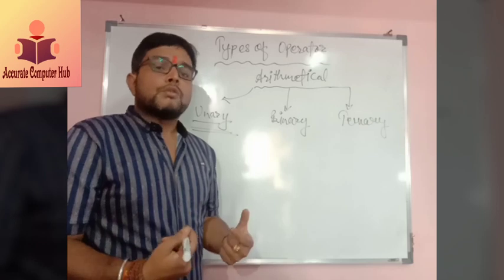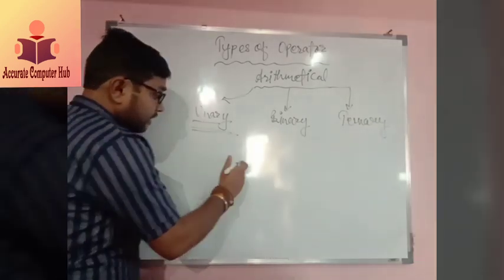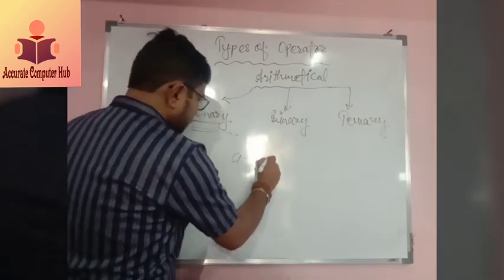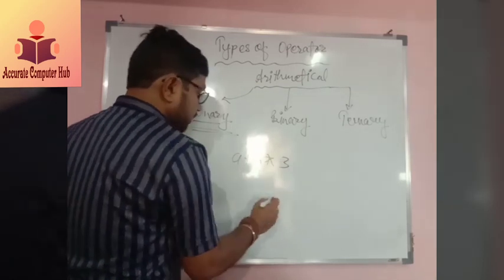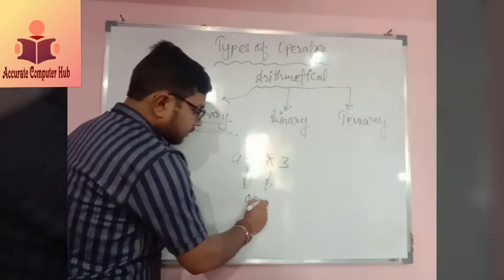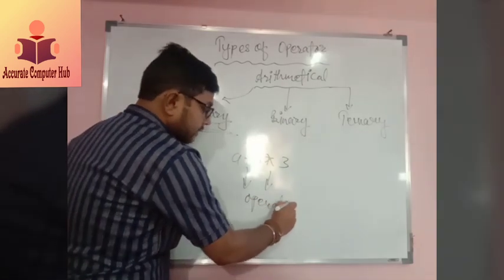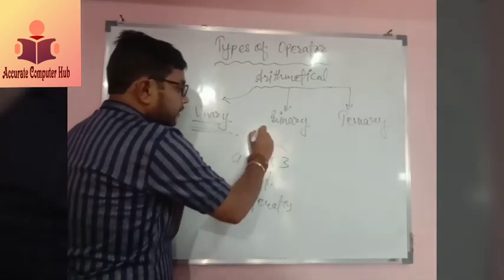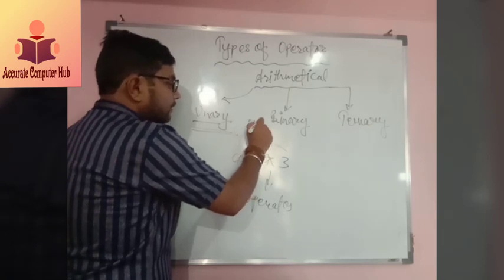Now you have to know what is operand. If I am writing a plus b into 3, so this plus and into, these are operators, and a, b and 3, these are called operands.